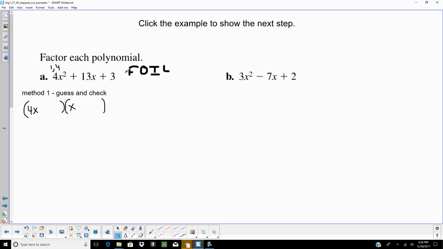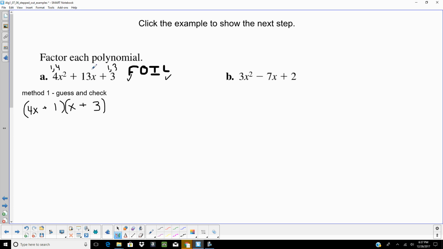My factors for 3 are 1 and 3. And again, I don't know if I should put a 1 here or a 3 here, so I'm going to make a guess. And if it doesn't work out, we'll switch them around. So I know my first and my last terms are correct. What I don't know about is the outer inner, so I'm going to check that, the OI.